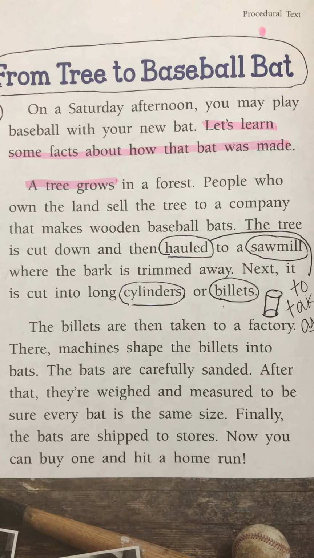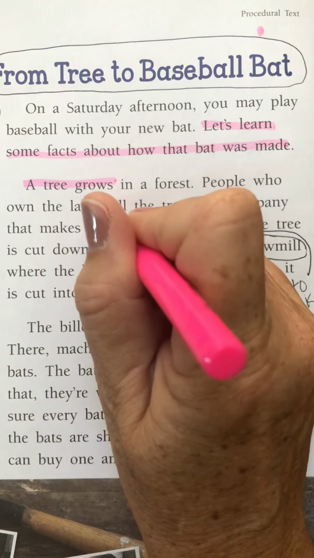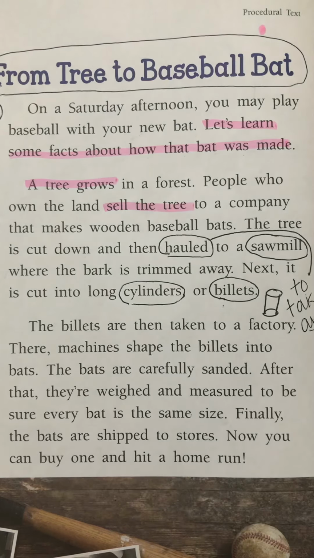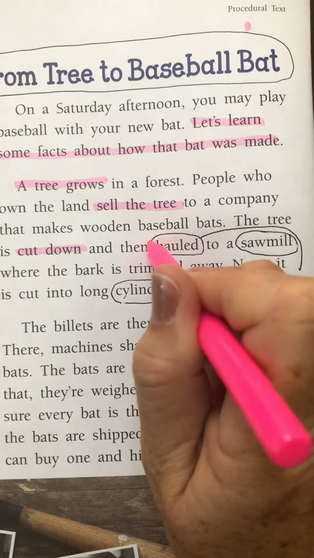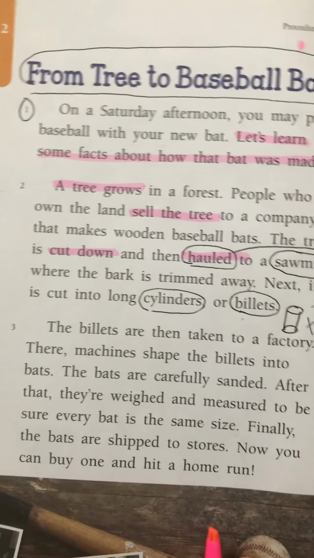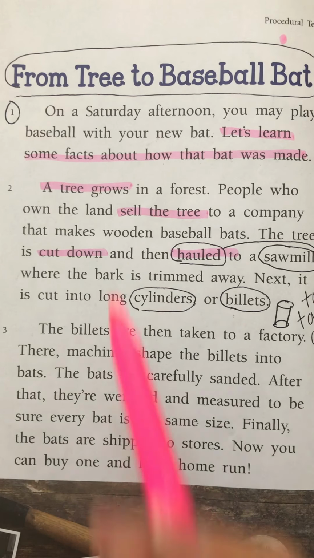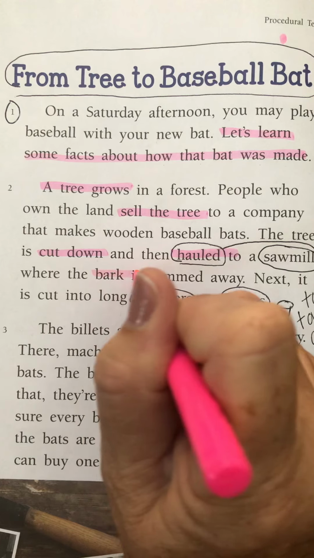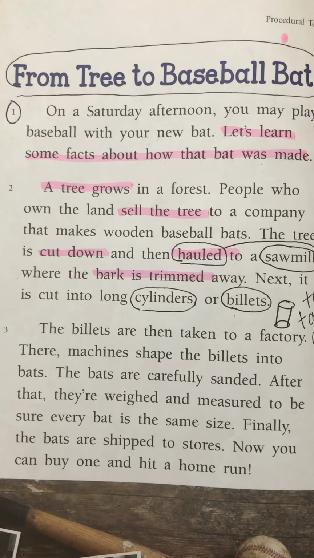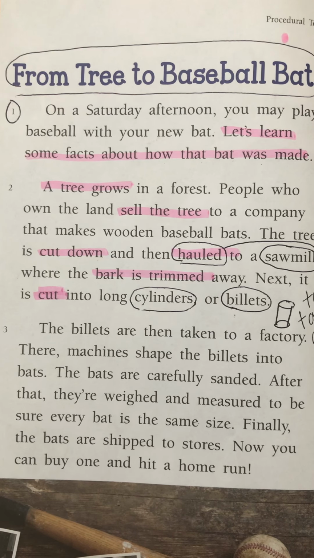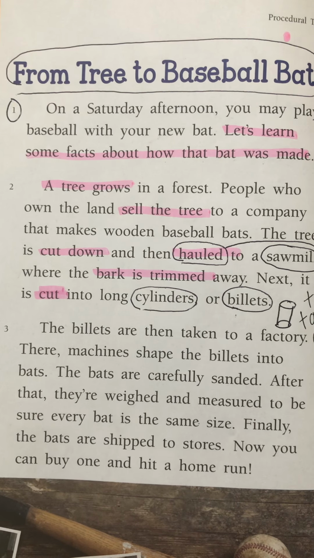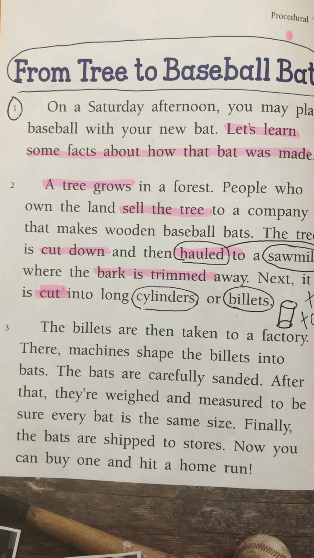Some of you might have highlighted, sell the tree to a company that makes wooden bats. Some of you might have actually said, cut down or haul away. They also have to trim bark, and then they have to cut the wood. All of those are correct answers. No one's wrong.